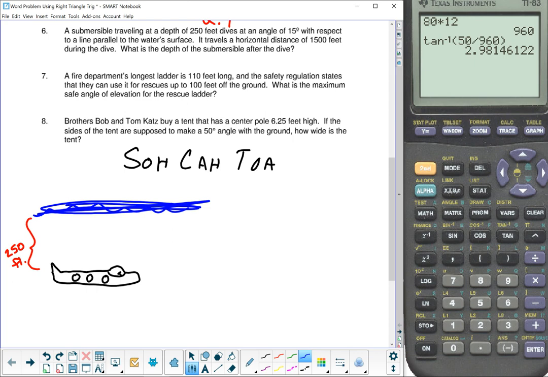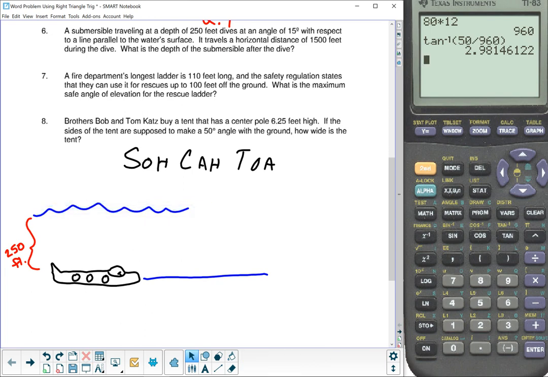So water surface, water is always flat. So it's going to dive parallel to this line right there. Okay. And it dives at 15 degrees, and it travels a horizontal distance of 1,500 feet. So it travels 1,500 feet, and then it dives kind of like this. The angle that it dives at is 15 degrees.